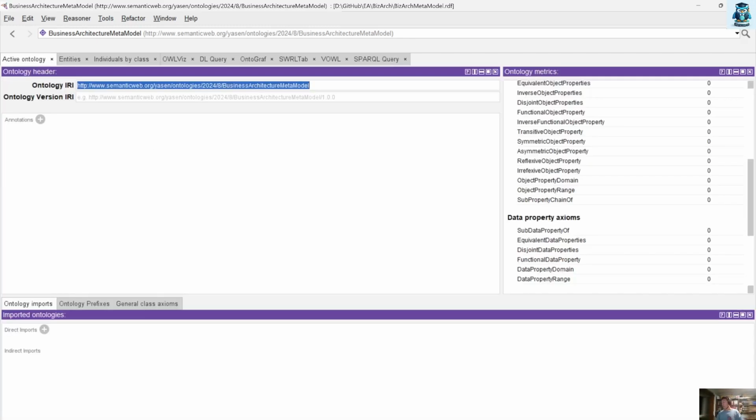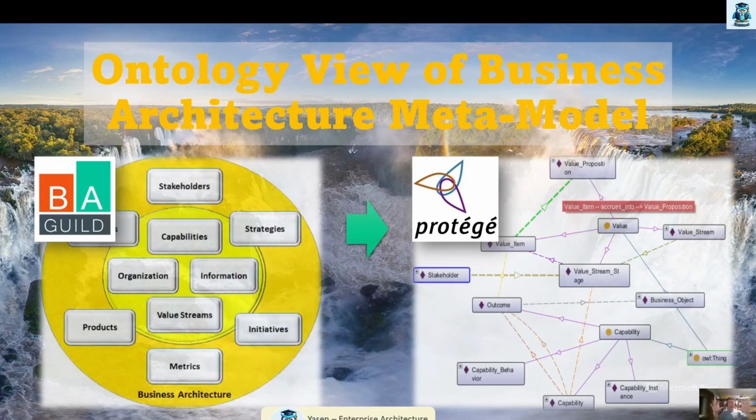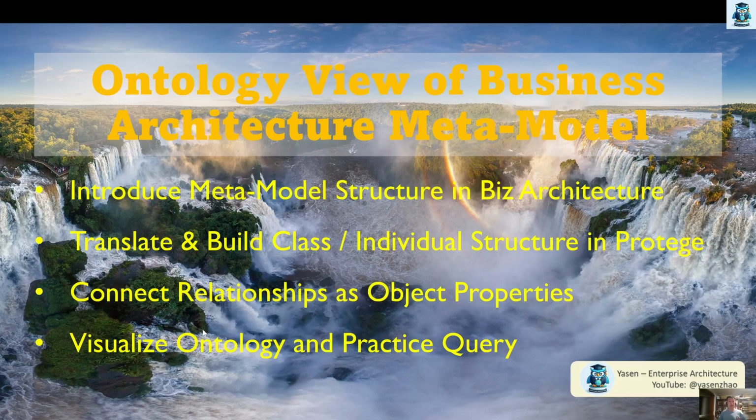So let's have our recap. Within this 1 hour video, we started by showing you our ontology view of the business architecture metamodel. Through this live demo and actual building, we have made our ontology with all these 10 domains, the elements and the relationships built into it.